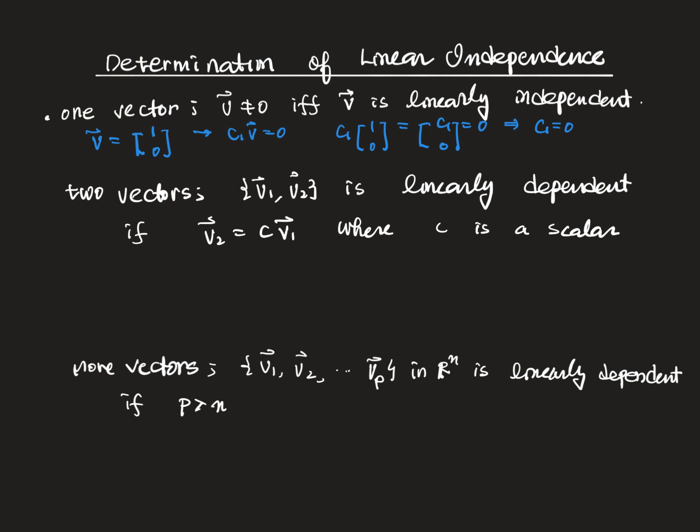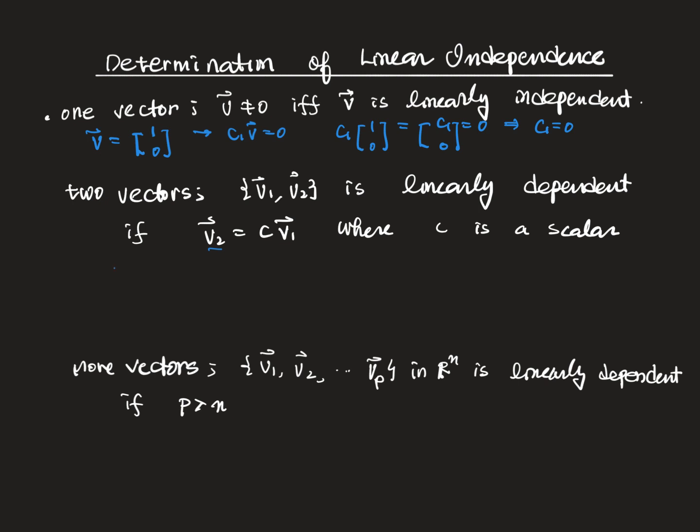When two vectors are linearly dependent, it means V2 is a scalar multiple of V1, that is, V2 equals cV1. Otherwise V1, V2 is linearly independent.